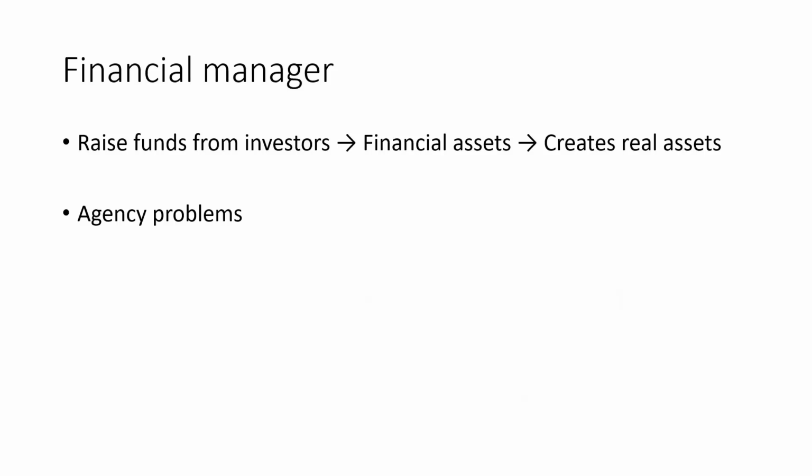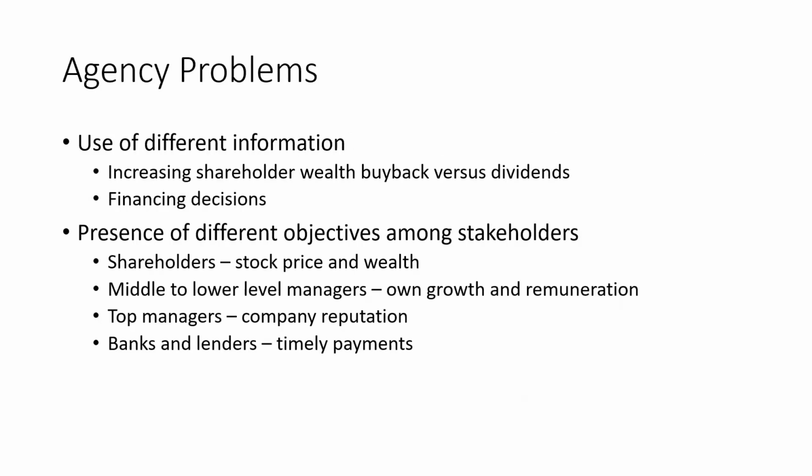The financial manager could potentially be involved in agency problems. In other words, something that's good for the financial manager may or may not be good for the corporation. So that is one thing that we must be careful about when a financial manager operates. So once again, increasing shareholder wealth is the main goal of a corporation. This shareholder wealth can be created through bigger dividends or increasing the share price.